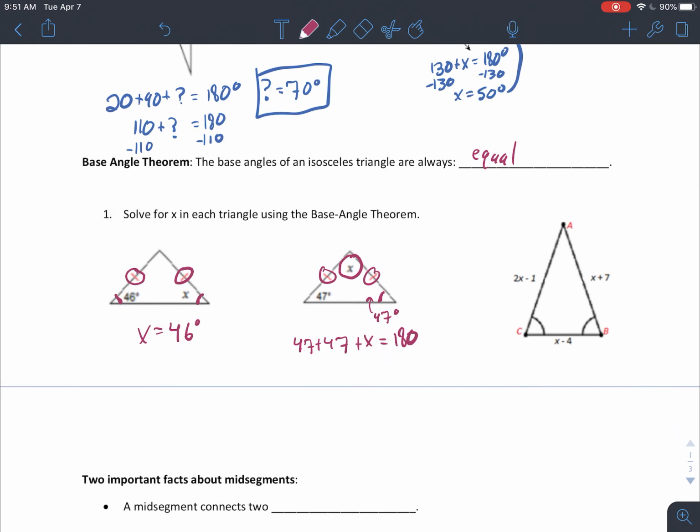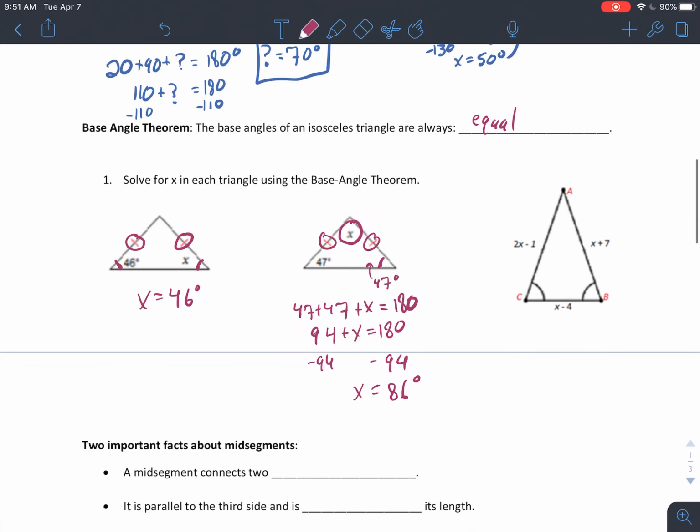So then what we should do is add the two 47s together. That gives us 94 plus x is equal to 180. We subtract off 94 from both sides, and we would get x is equal to 86 degrees.